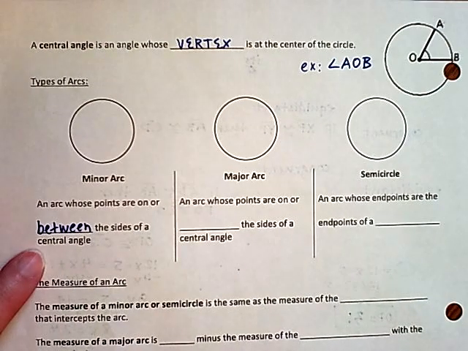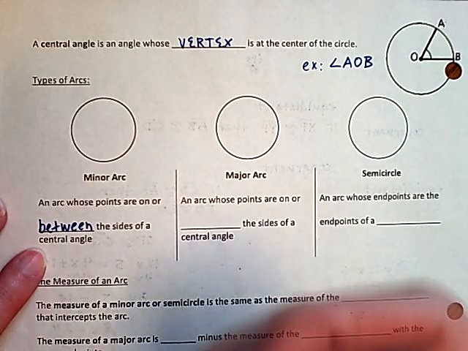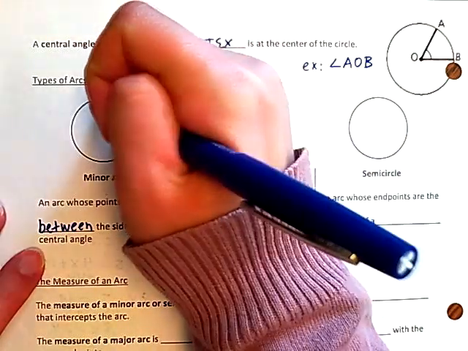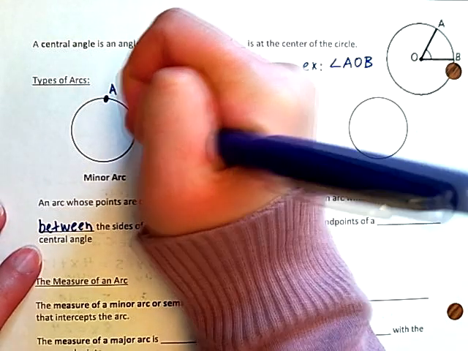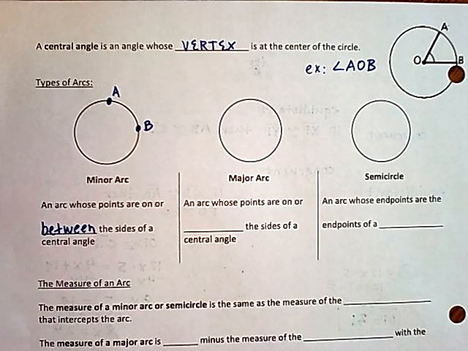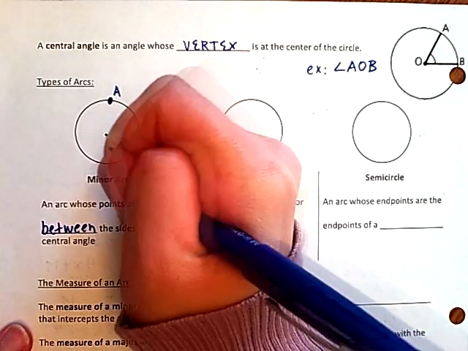That might not make so much sense, but let's draw a diagram to understand this a little bit better. Suppose I have 2 points on my circle. I'm going to call them A and B. The minor arc here would be the one that connects A and B between the sides of a central angle. So it might be helpful to draw in the center of my circle.